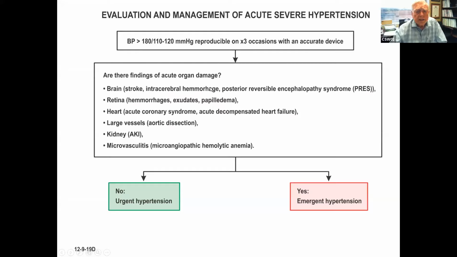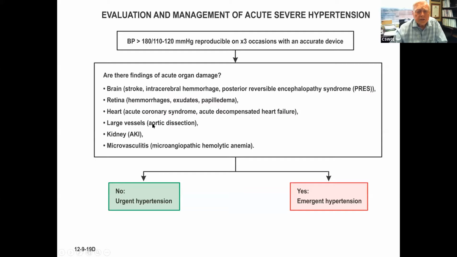Are there findings of acute organ damage in the brain? And that would be a stroke, an intracerebral hemorrhage, posterior reversible encephalopathy syndrome, the PRES syndrome. In the eye, hemorrhages, exudates, or papilledema. We'll come more to that. In the heart, an acute coronary syndrome or acute decompensated heart failure.